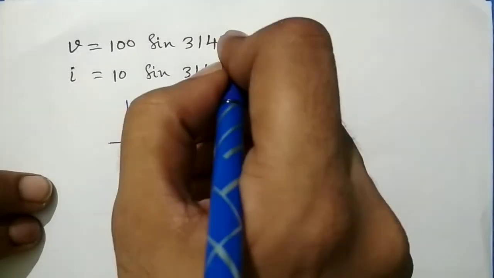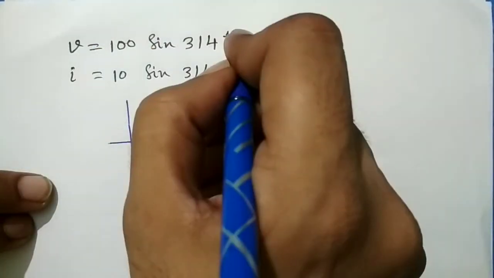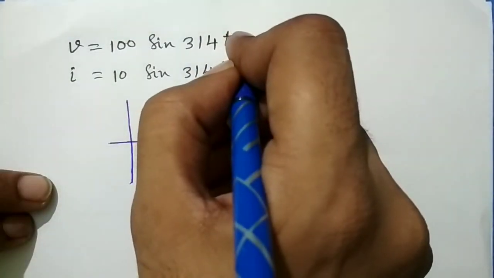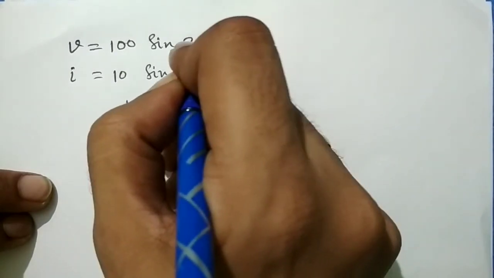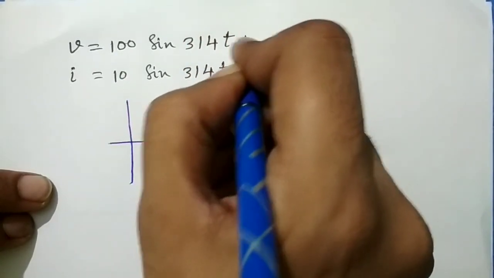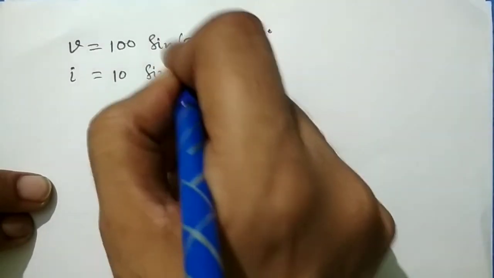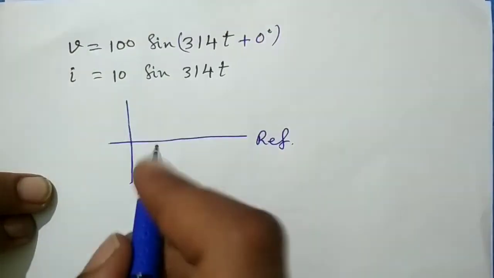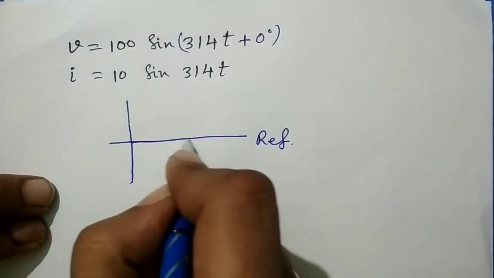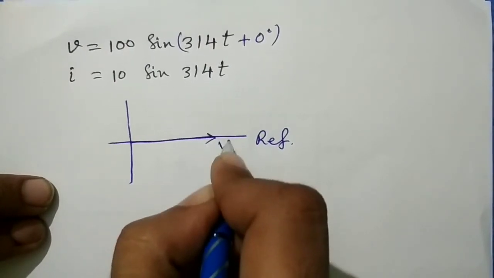At time t equal to 0, the phase of the voltage will be 0, because we can write 314t as 314t plus 0 degree. So the phasor of the voltage will be along the reference line V.